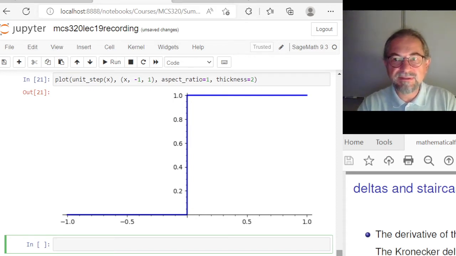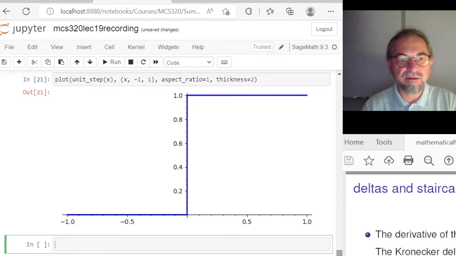Okay, so I said that it might make more sense to define the value at 0 as 0.5. Let me illustrate this.